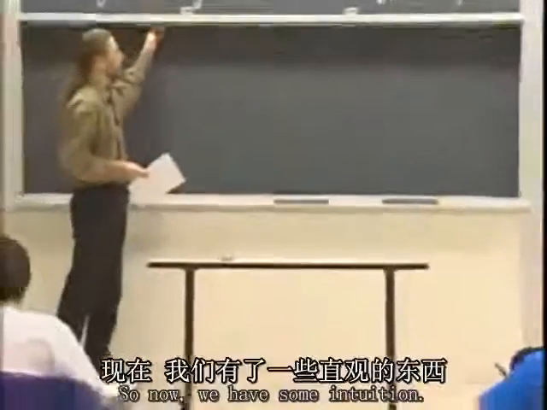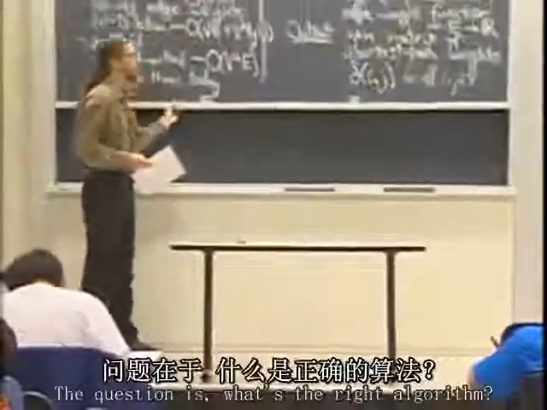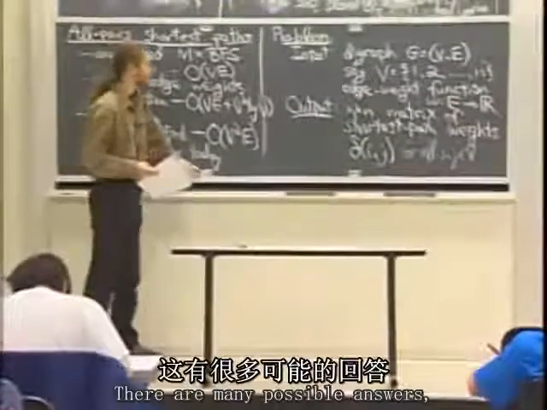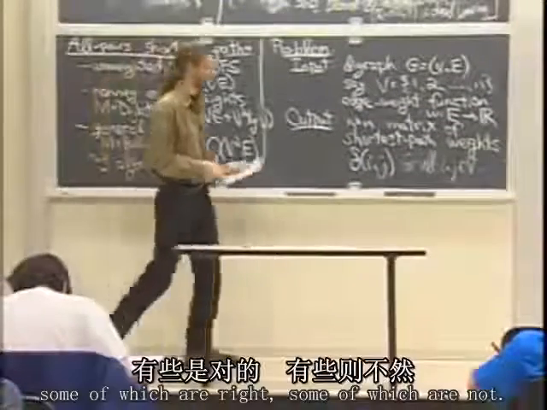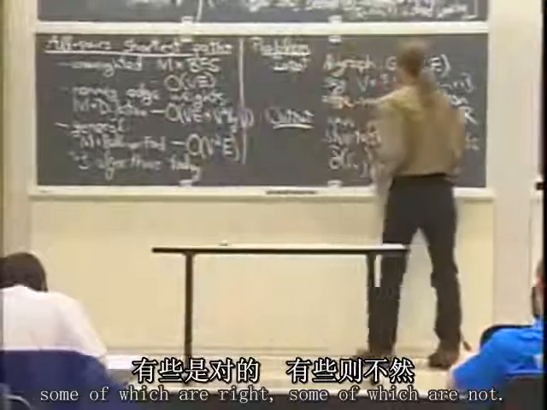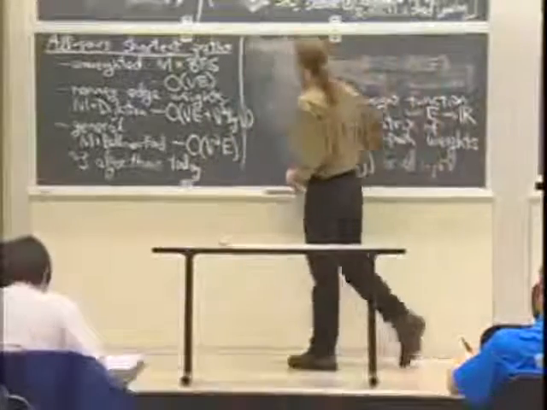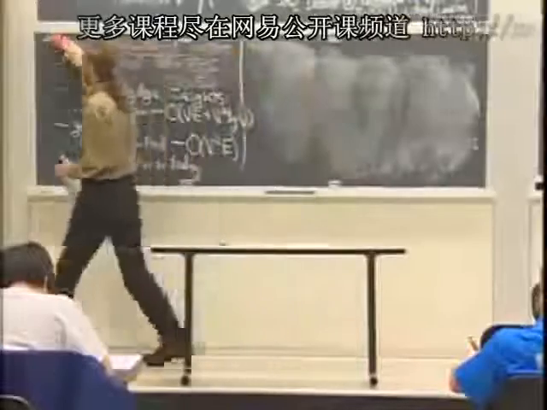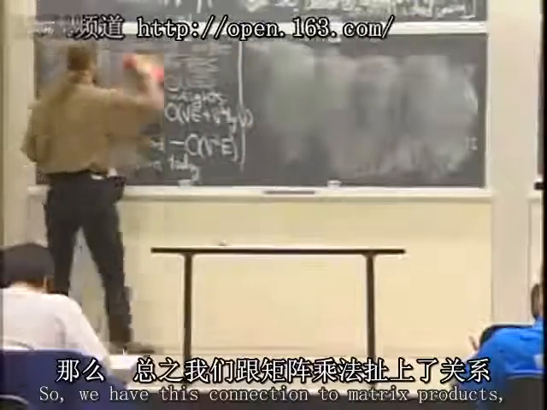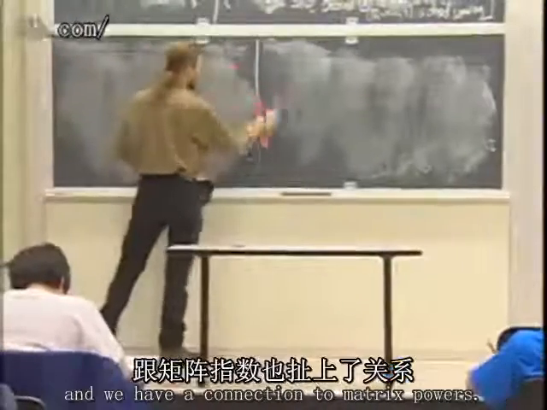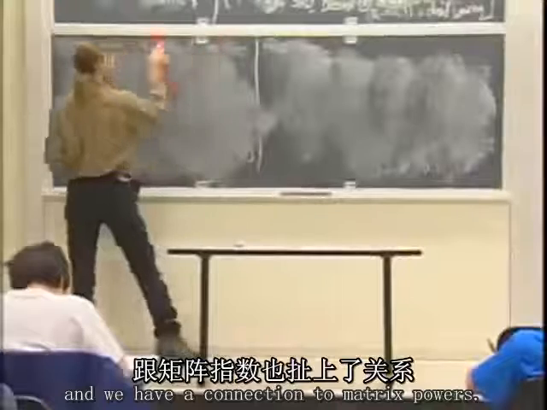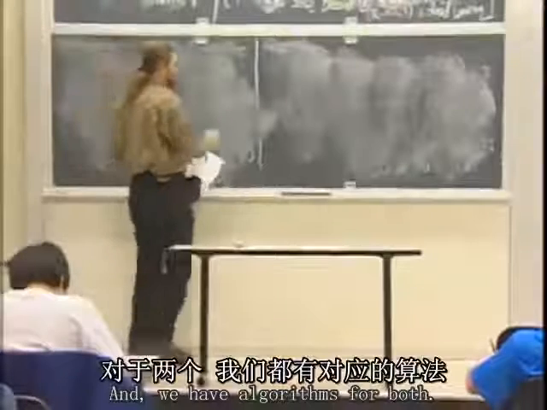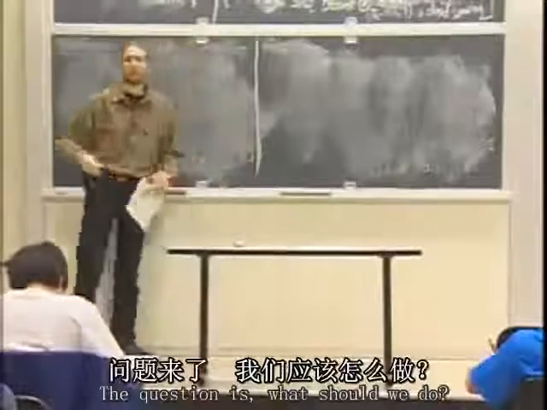So now we have some intuition. The question is, what's the right algorithm? There are many possible answers, some of which are right, some of which are not. So we have this connection to matrix products, and we have a connection to matrix powers. And we have algorithms for both. The question is, what should we do?